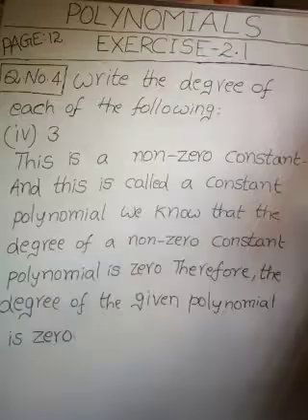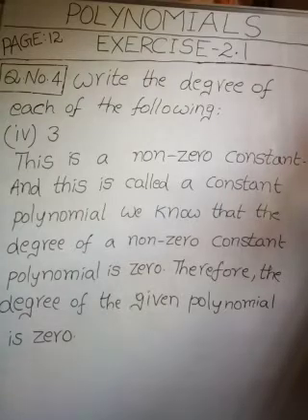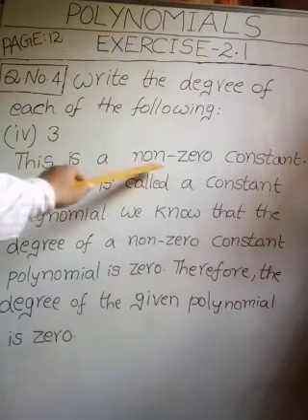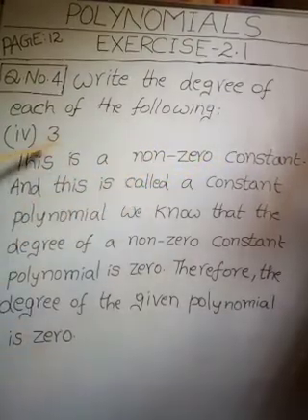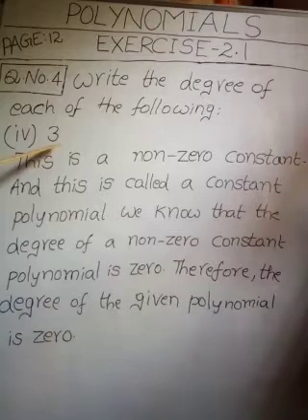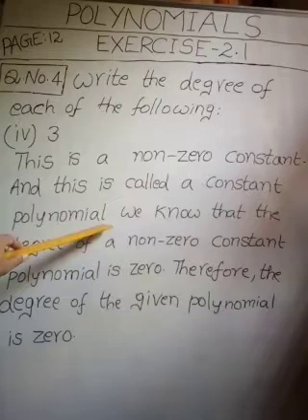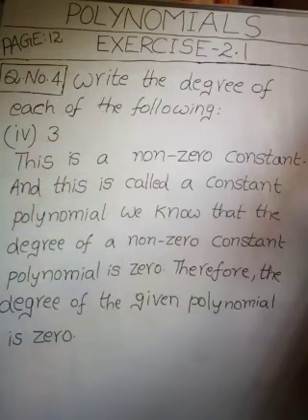Right. Now come to the next question. 3 is the given polynomial. This is a non-zero constant, and this is called a constant polynomial because no variable is there.